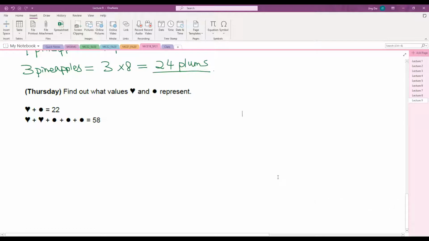Find out what values heart and circle represent, okay. So what I did was to try that a heart equals 8 and a circle equals 13. Oh, you tried? Oh my God, Flora. Okay, so Flora said, so a heart maybe is 8 and then the circle maybe is 14, something like that, right, Flora?